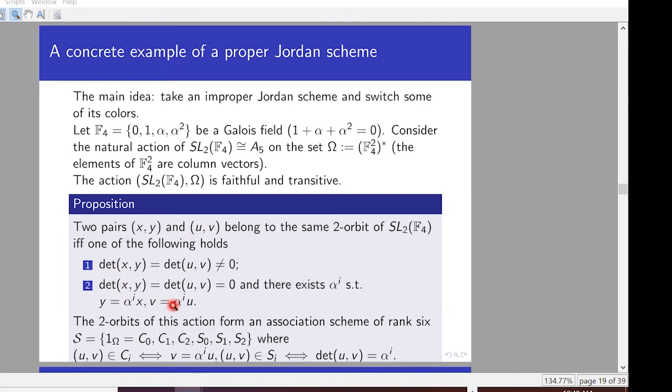Now, the orbits of this action form an association scheme of rank 6. So one color is for the diagonal. There are two colors for these relations, and 3 colors for the relations which come from the determinant. So it's a rank 6 association scheme.